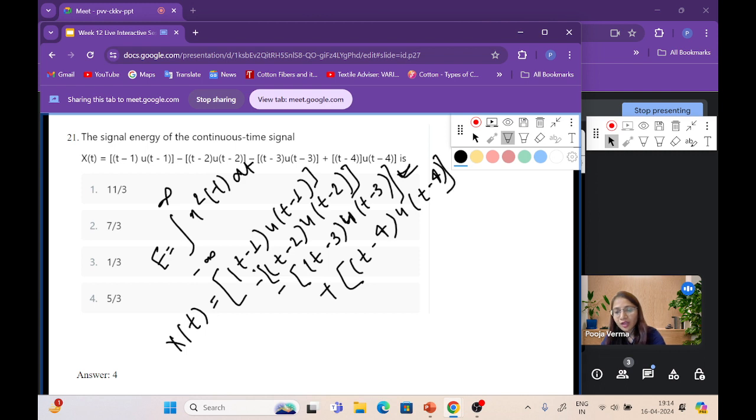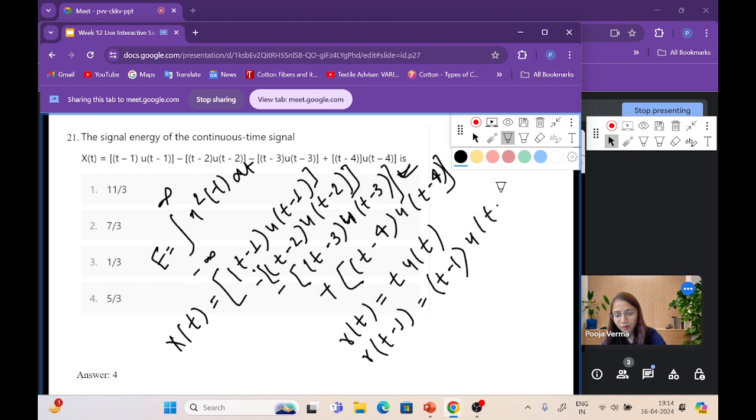Okay. How can we write it? As we know that r(t) is equal to t u(t), right? And r(t minus 1) is equal to (t minus 1) u(t minus 1), right?